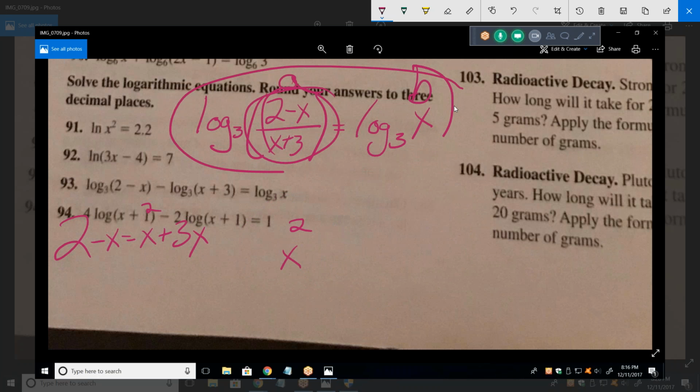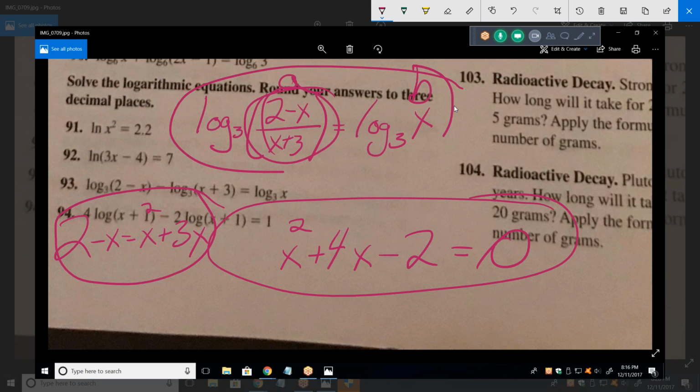This is what we get when we put everything on one side. In other words, I add the x to get 4x, and I subtract the 2. Okay. So I get that.